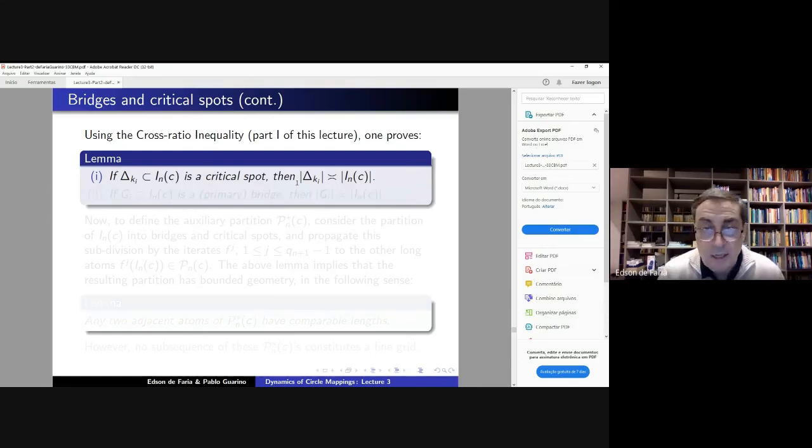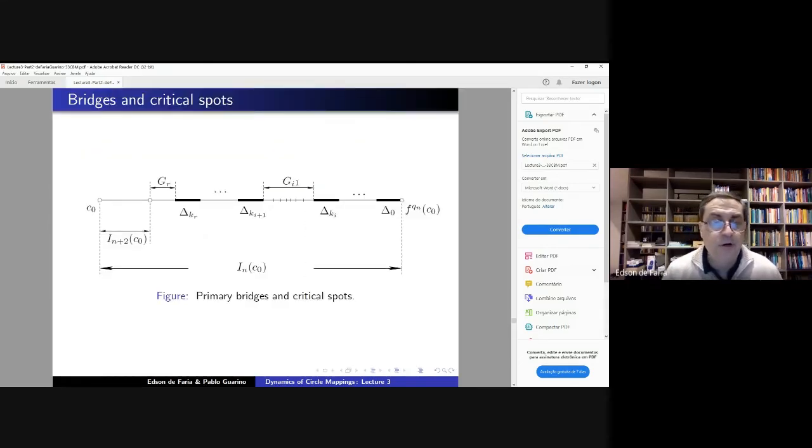So if you look at the atoms of P_{n+1} inside I sub n, some of them are very, very tiny, like these ones here in the middle. But if you put them together into bridges and also critical spots, you get a decomposition of I sub n into boundedly many intervals, which are all comparable with I sub n, okay?